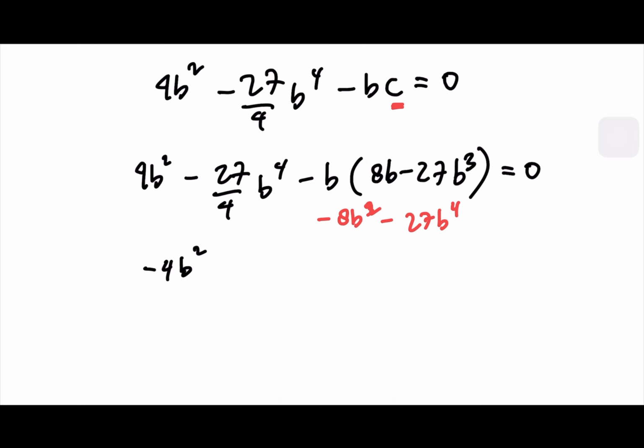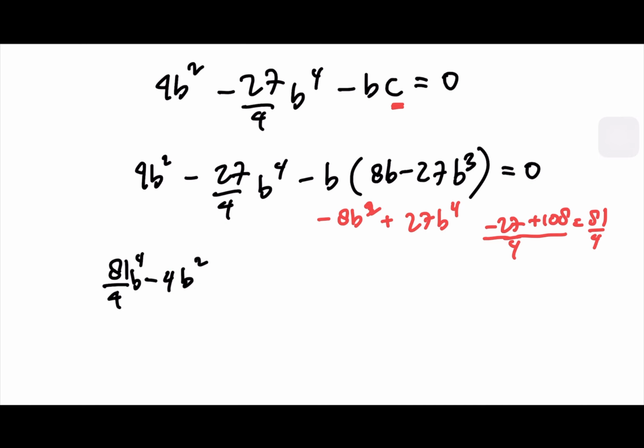And this will be plus 27 over 4, so minus, so this is plus 108, this is 81 over 4 b with power of 4.